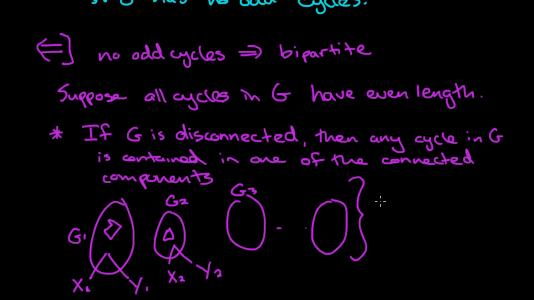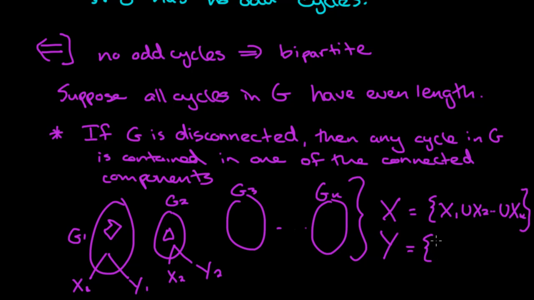Then for the whole graph, all you do is you say, well, your partite set X is all of the xi's. So it's x1 union x2, and you keep going to the end, union xk, let's say we have k components. Then that's all you do. You just take the two partite sets to be that: y1 union y2 all the way up to yk.